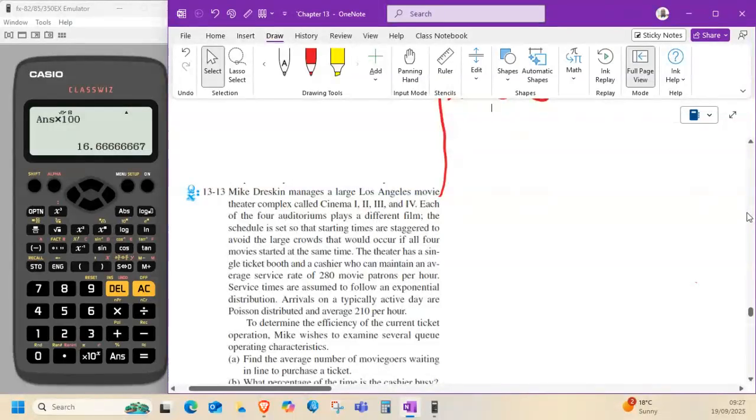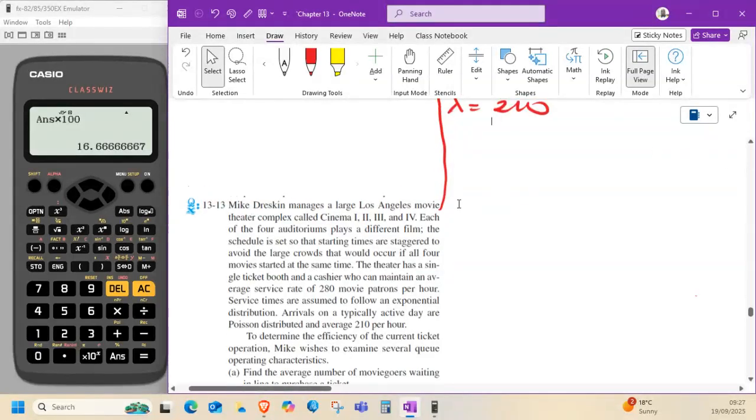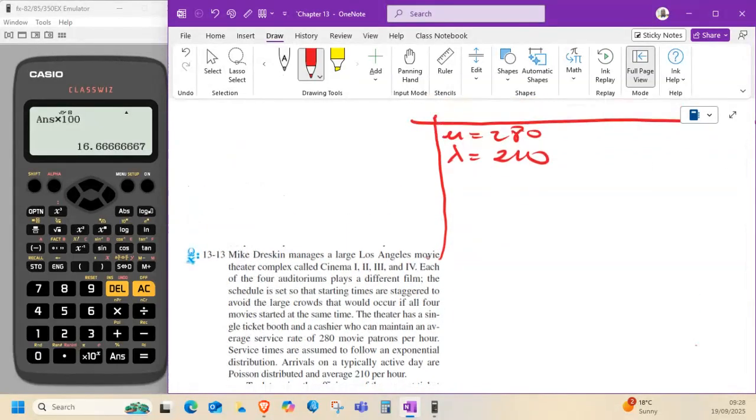Mike wishes to examine several queue operating characteristics. Find the number of moviegoers waiting in line to purchase a ticket. That will be your LQ.